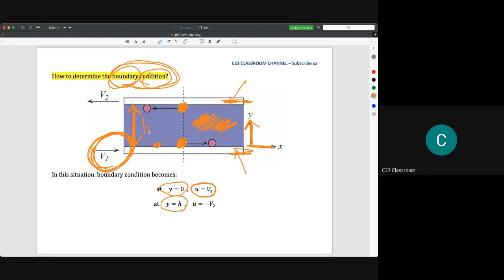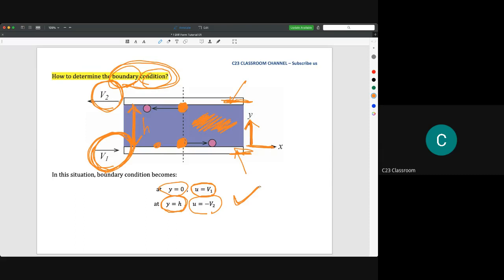So if y equal to h, the velocity is equal to negative v2. Why we give negative? Because normally in Cartesian coordinate, the direction from right to the left will become a negative direction. Okay, I hope you could understand what is boundary condition and how to list down the boundary condition.